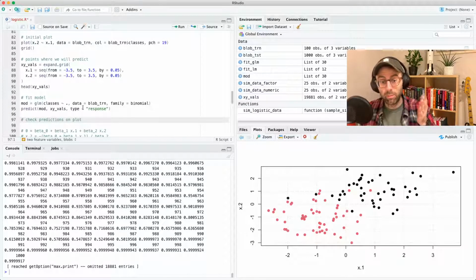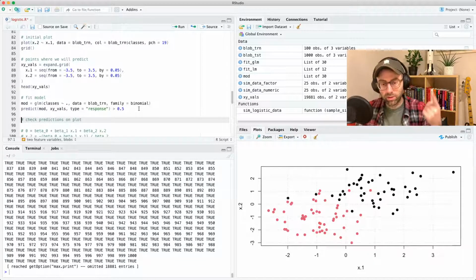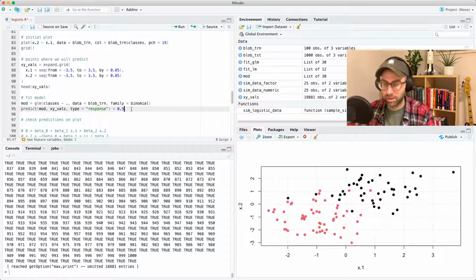So these are probabilities that y is 1, which is actually 2 in this case. So if it's bigger than 0.5, when it's true here, that means we should classify to red or 2. And if not, we should classify to 1, or the black points.